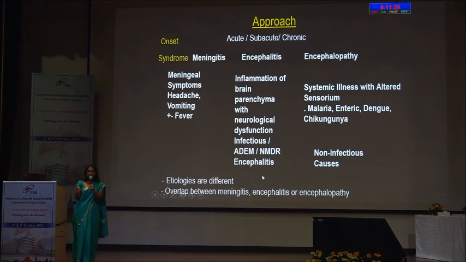Why is it important? As Dr. Amita has mentioned, it can be because of various etiologies, but based on the syndrome, we can also predict the etiology. The etiologies are different. However, of course, there is an overlap between meningitis, encephalitis, and encephalopathy.